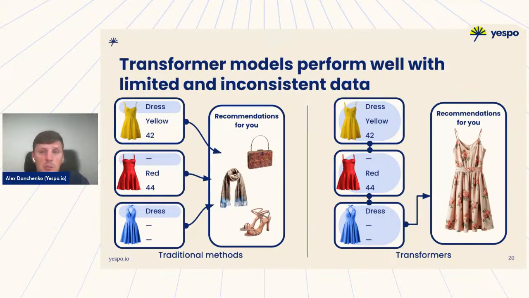You can take different types of data, digest it, and build a prediction from not that consistent data, which is also a huge step forward, because it helps you to initially take more data and also work with, I'd say, less well-structured data. So for instance, in some products in your product feed, you're still missing a description, or the name is created in a different way. It's not that big a problem for a transformer as it would be for traditional models.